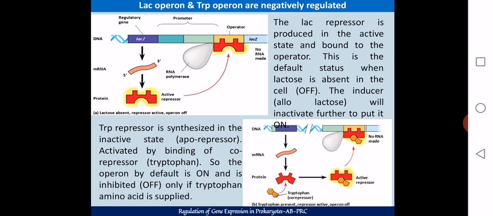In both cases, the repressor binds onto the operator site. In case of the lac operon, the operator is bound by an activated repressor, and this active repressor is synthesized by the lac I gene. But in case of the trp operon, the synthesized repressor is in the inactive state, and it is activated by the aporepressor or the co-repressor.